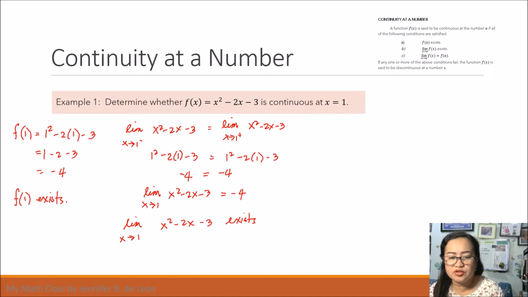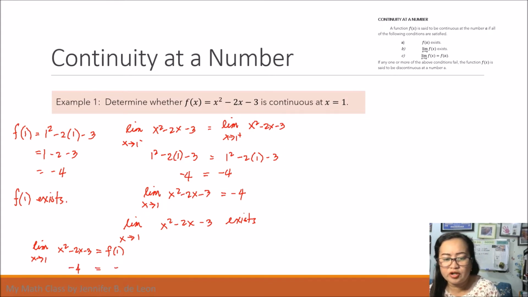Now, what about the third condition? We are asked to show that the limit of x squared minus 2x minus 3 as x approaches 1 is equal to f of 1. Now we can see that this is equal to negative 4 and f of 1 is also equal to negative 4.